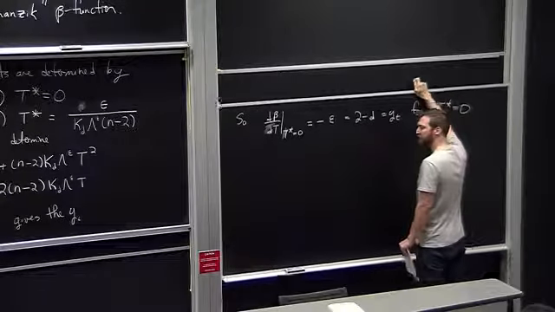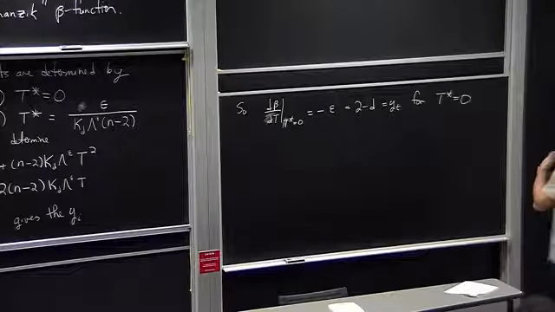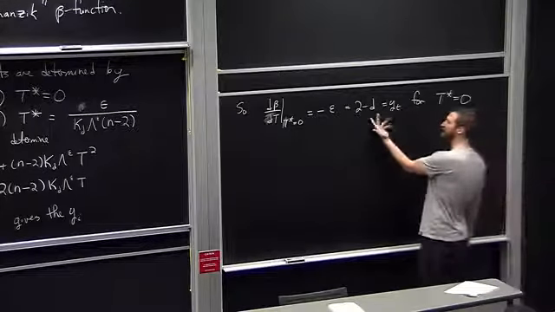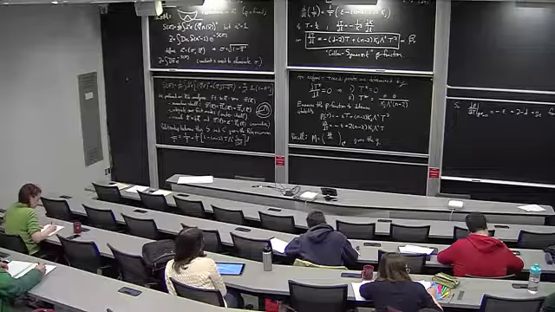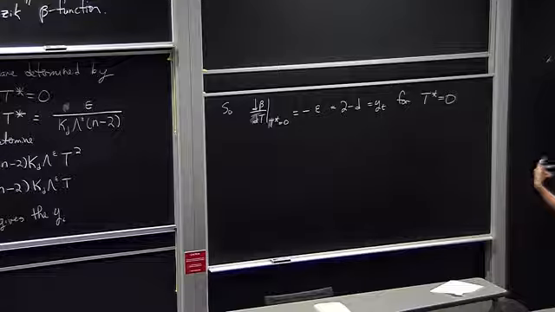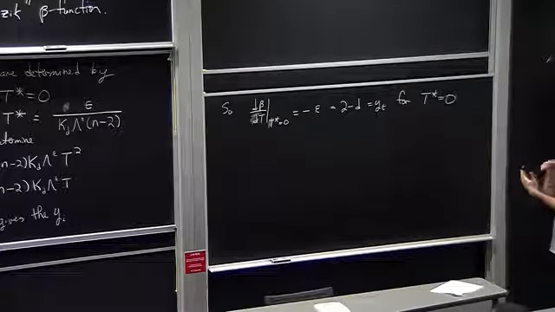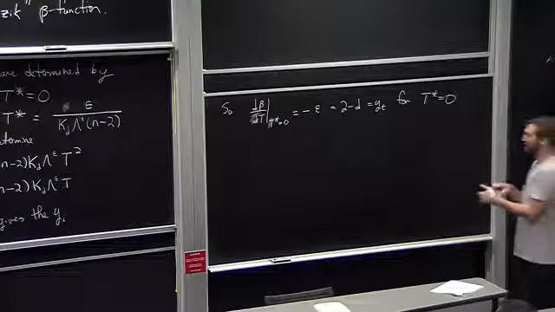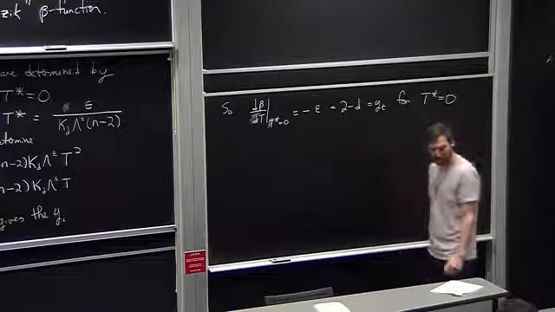So whether or not the flows are relevant or irrelevant depends on the sign. So it just depends on whether d is greater than 2 or less than 2. If d is greater than 2, it's minus, so it's irrelevant. It means that fixed point is stable. And if it's less than 2, it's positive, so it's relevant.